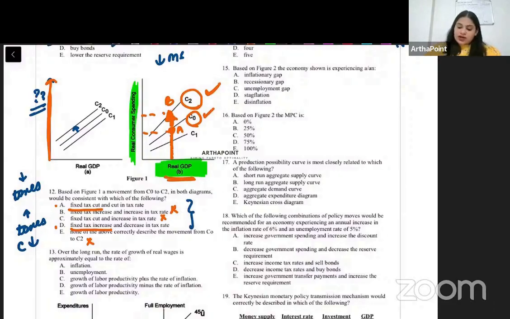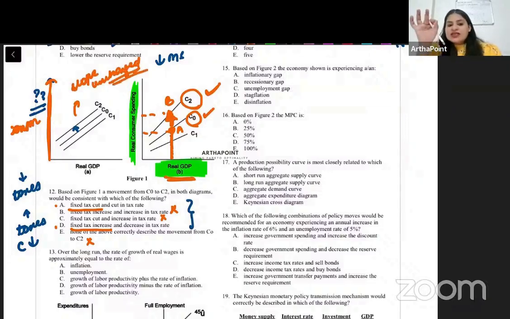But I'll give you a hint. If there is consumption here, beta, if you notice, the slope is unchanged. That means tax is fixed. It's a lump sum tax. It's not affecting the slope of consumption. Here, beta, the slope of consumption is affected.